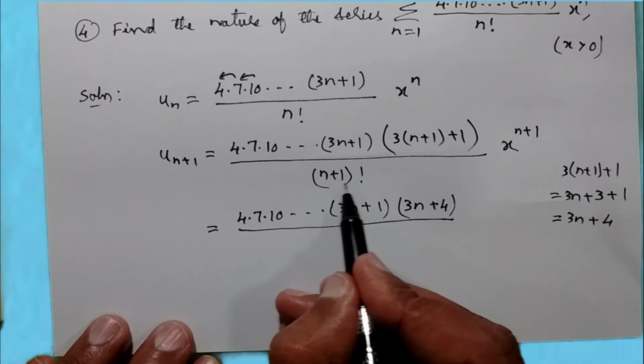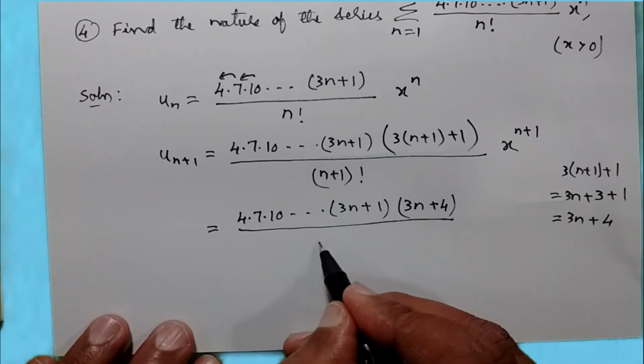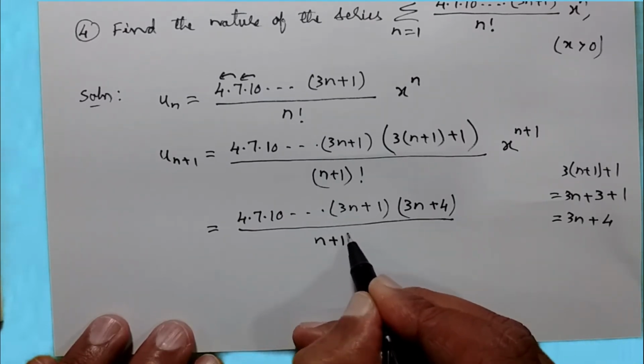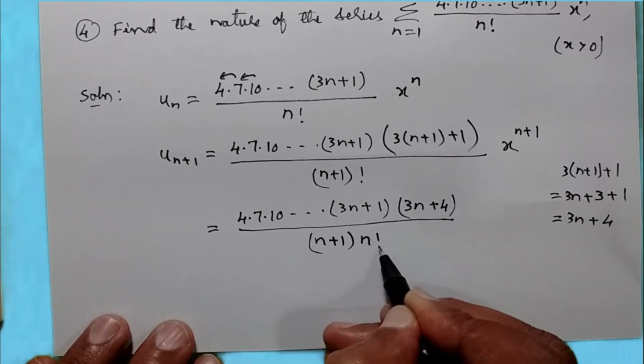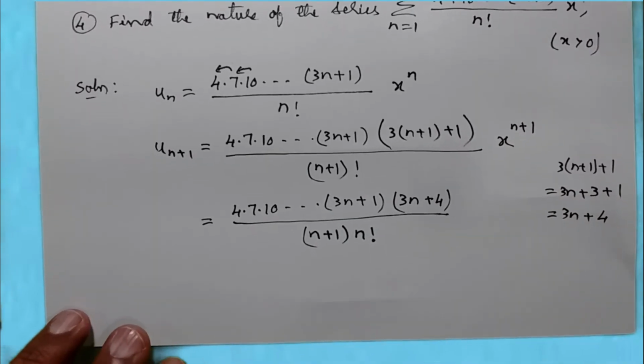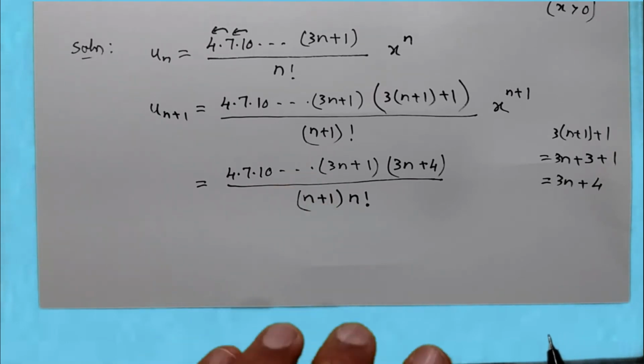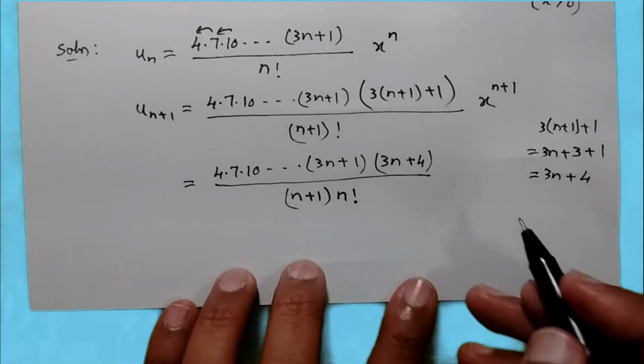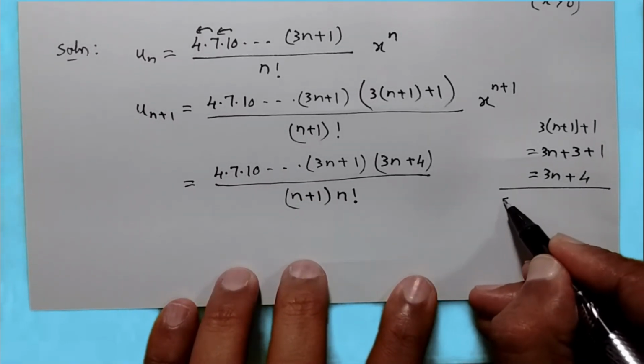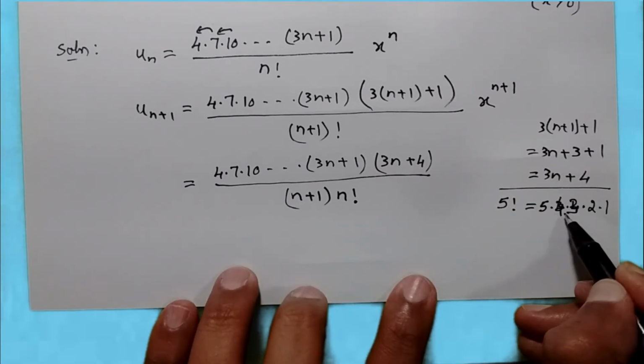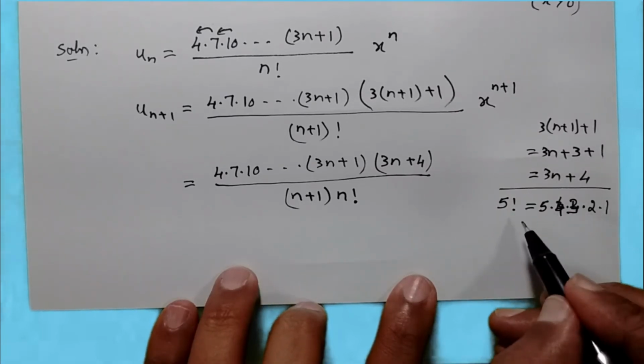So can we express this (n plus 1) factorial as n factorial? We can write (n plus 1) factorial as (n plus 1) into n factorial. So how can you write it that way? Just give an example. Suppose you have 5 factorial. 5 into 4 into 3 into 2 into 1. This is 5 factorial.